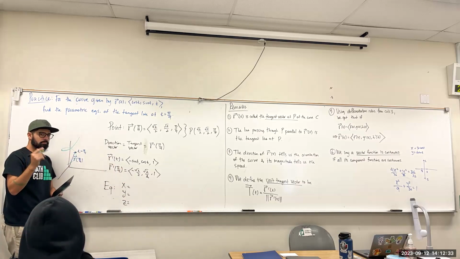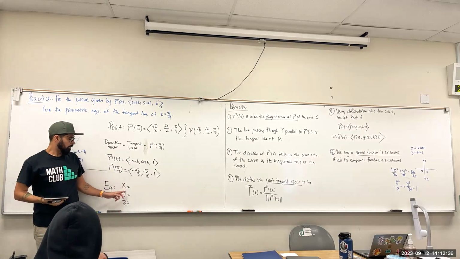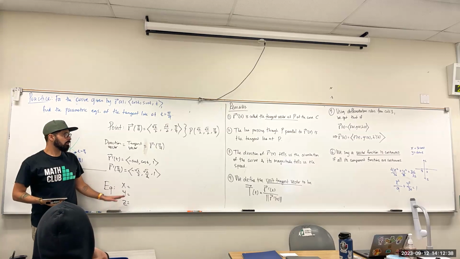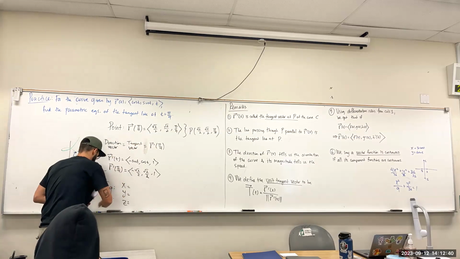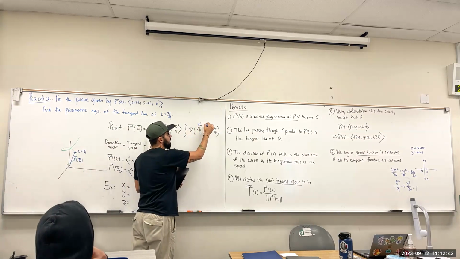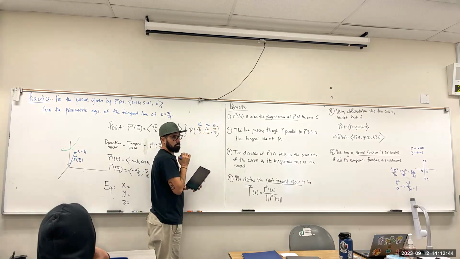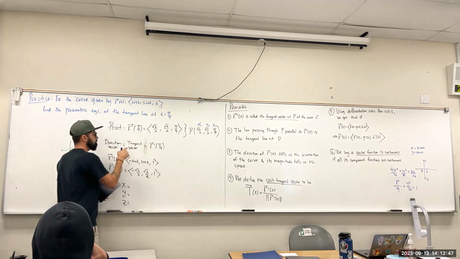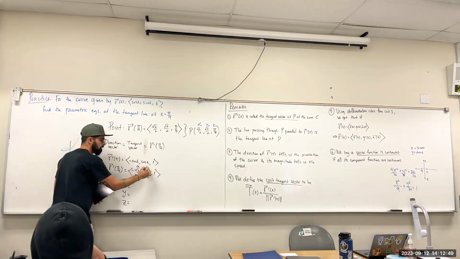Review for the exam. To parameterize a line, you need your point, x naught, y naught, z naught, and then you need the components of your direction vector, a, b, and c.